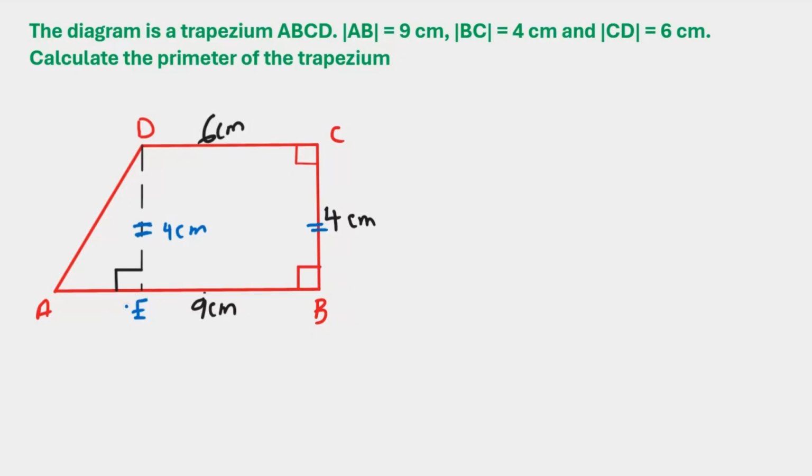Now we can get AE from this. AB is equal to 9 centimeters from the question, and CD is just 6 centimeters. So if I want to get AE, I have to subtract 6 centimeters from 9 centimeters, and that will give me 3 centimeters. So here's going to be 3 centimeters.